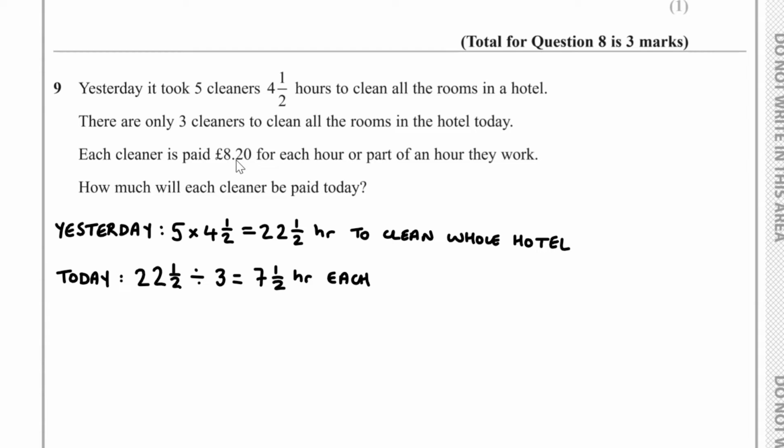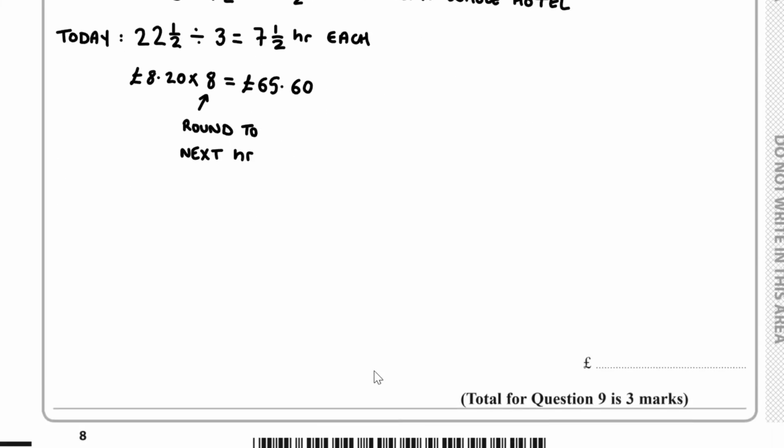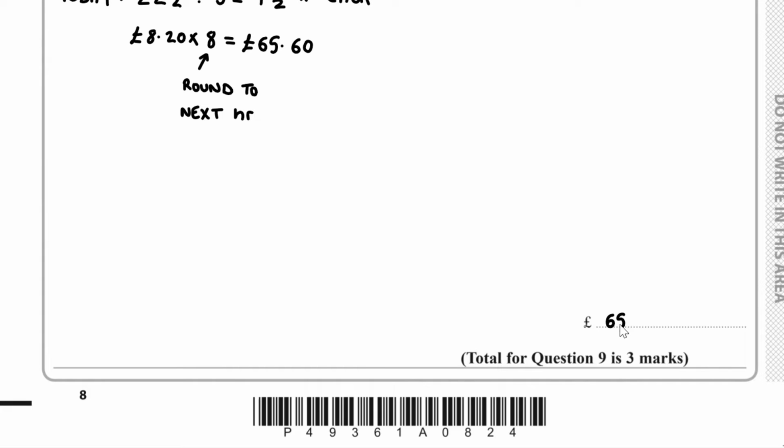And they get paid £8.20 for each hour or part of an hour they work, so therefore the salary will be £8.20 multiplied by, well, here we'd have to round the 7.5 up to the next hour, which is 8. So we round the 8 up to the next hour. So if we work this out, we get £65 and 60 pence.